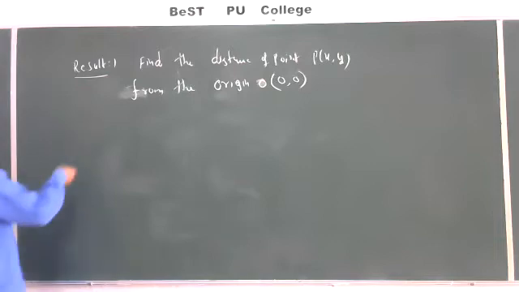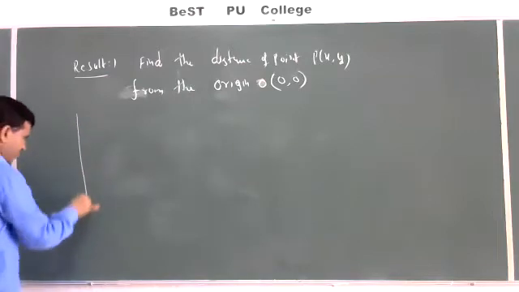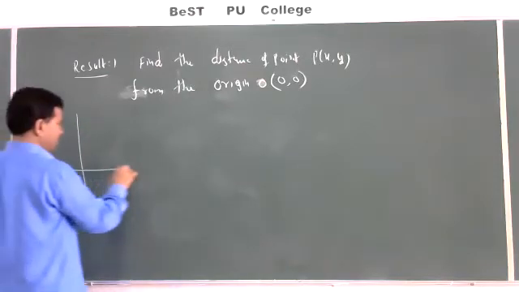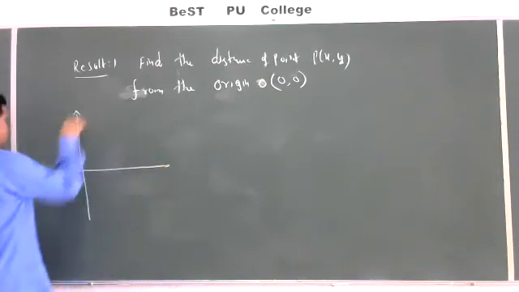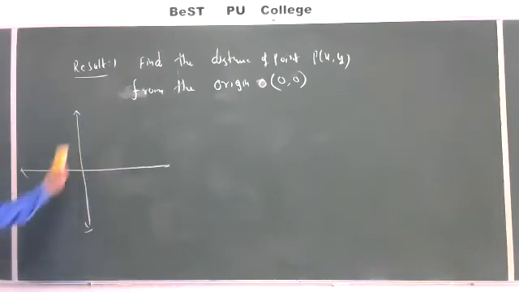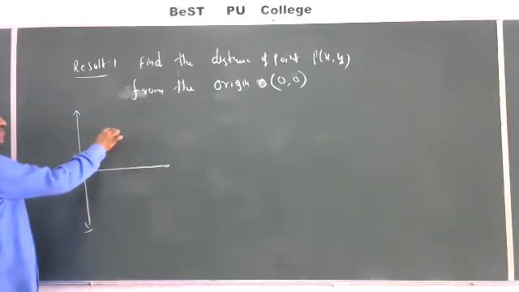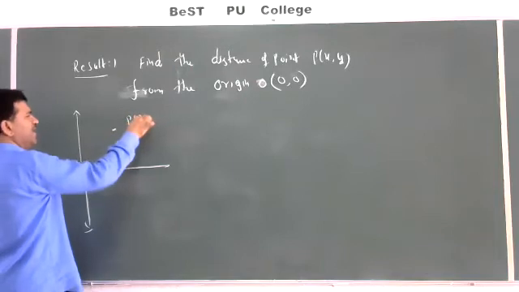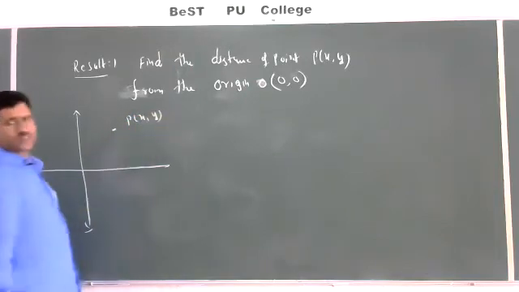See this one? Very simple. First draw the diagram. So P(x, y) is a general point. Anywhere we can denote it; generally I am taking it in the first quadrant. Let P(x, y) be any point.